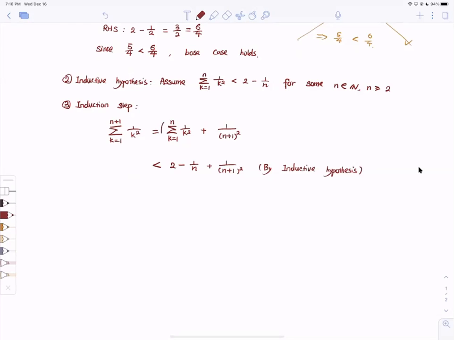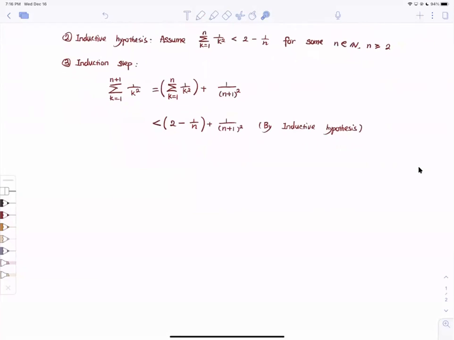Let me put brackets here to show you which part is related to which part. Anyone has any questions so far? Okay, cool. So basically, we know this is less than this. If we add this term on both sides, since this term is positive, okay, here I have a square.